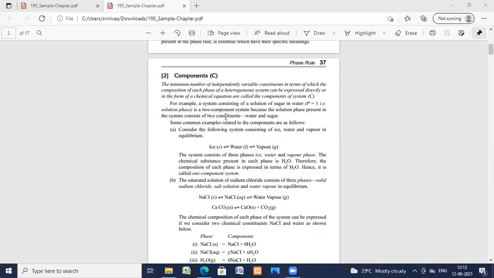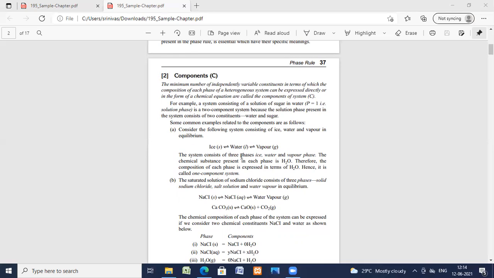The number of constituents in a phase is nothing but the component. Sugar solution: water plus sugar. We can take some more examples. Here, ice is in equilibrium with water, and water in equilibrium with vapor.